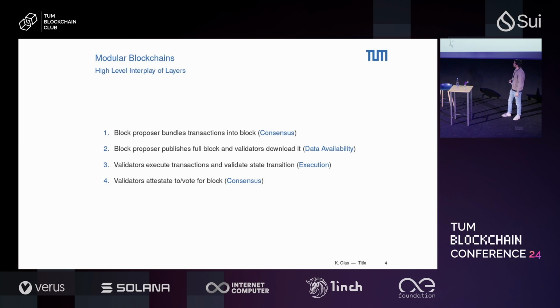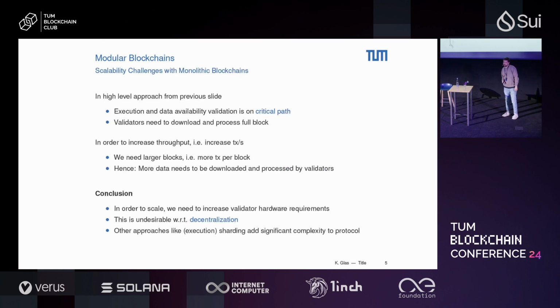Okay, now if we look at this from a scalability perspective, we see that data availability, downloading the block, and execution are on the critical path. Validators need to download and process the full block. If we want to increase our transaction throughput, we need larger blocks, so more transactions per block, and therefore we need to download more data and process more transactions.